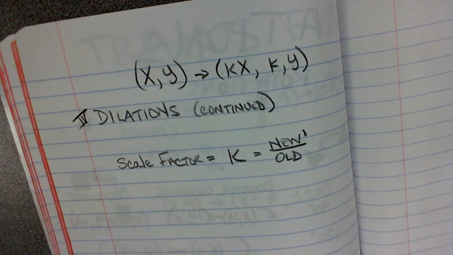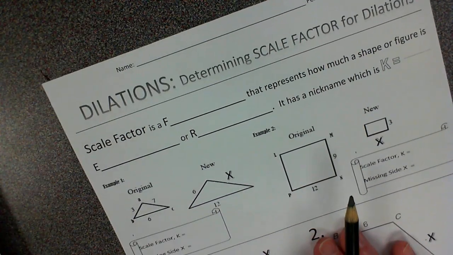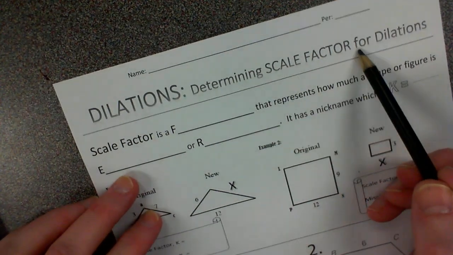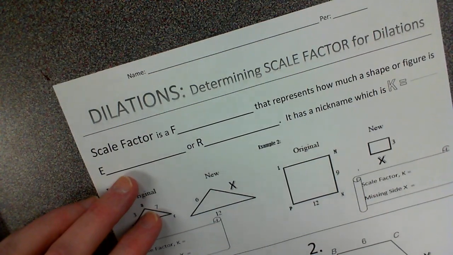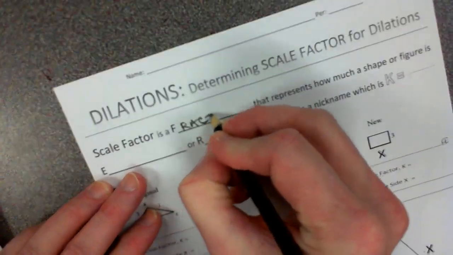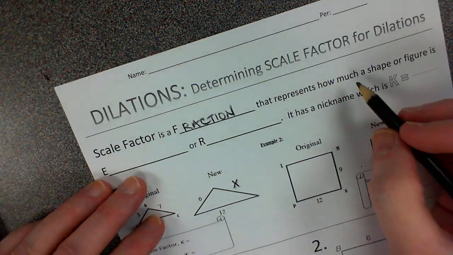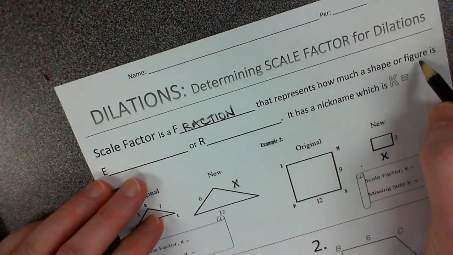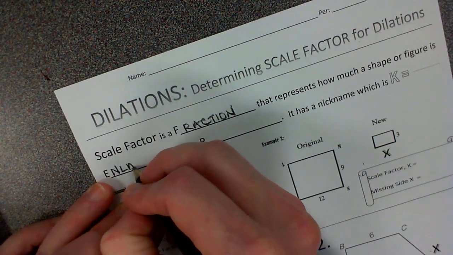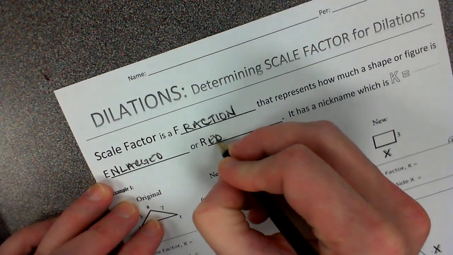Let's take out our assignment for today. The assignment for today is talking about how do we determine this scale factor k for each dilation. A scale factor is simply a fraction that represents how much a shape or figure is, these are the words we talked about, enlarged or reduced.